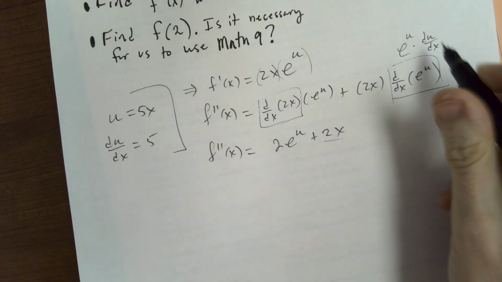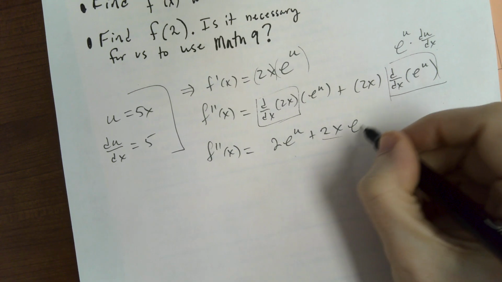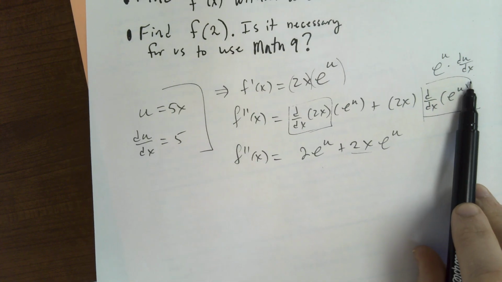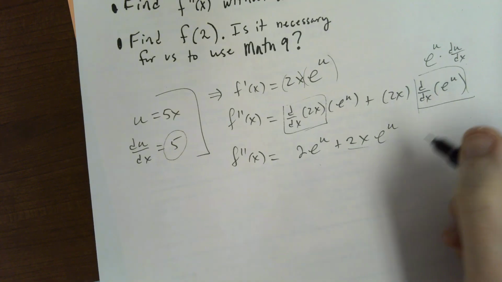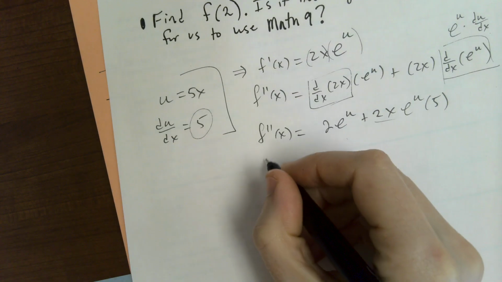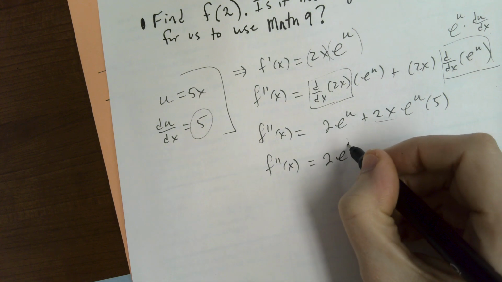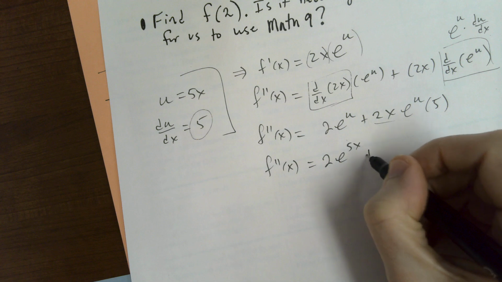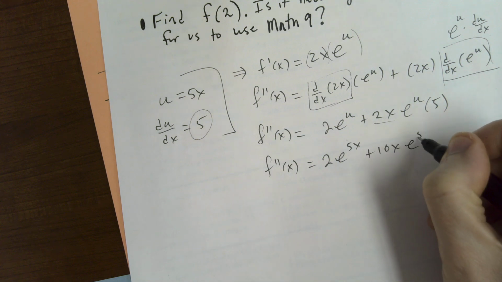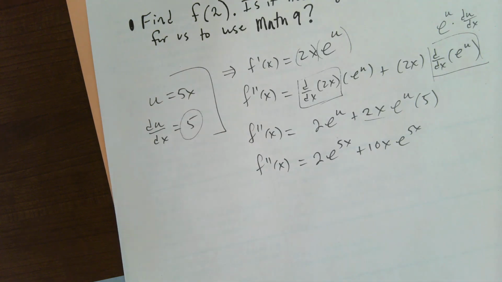So plus 2x, and then this comes down, e to the u, and then du dx you already found, off to the side. So times 5. So f double prime of x is 2 e to the 5x plus 10x e to the 5x.